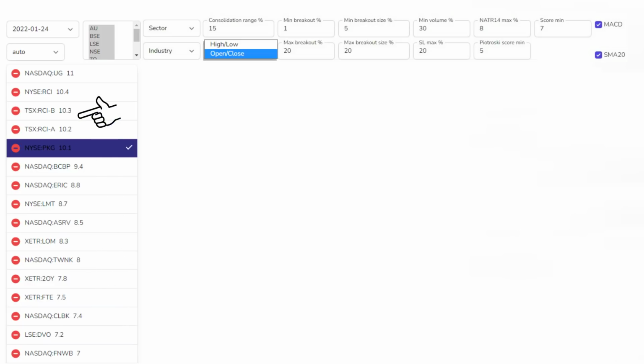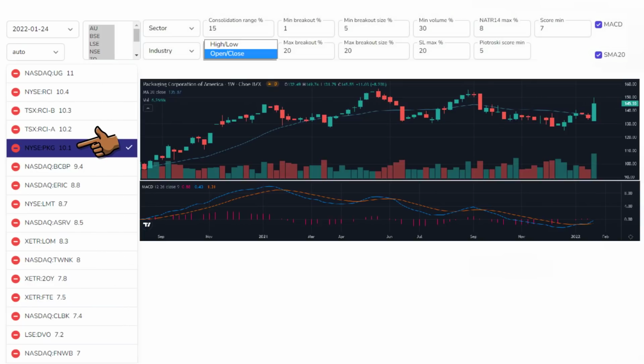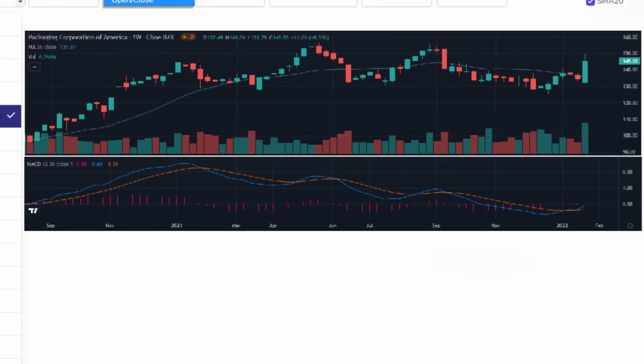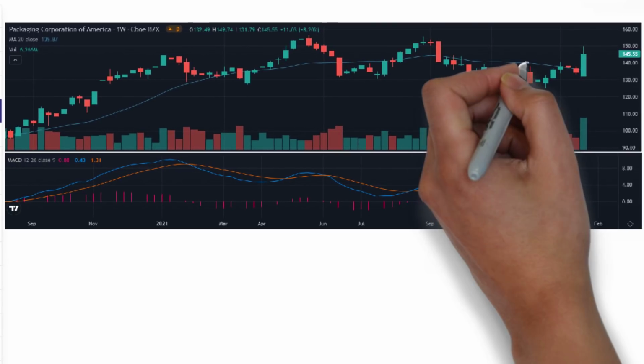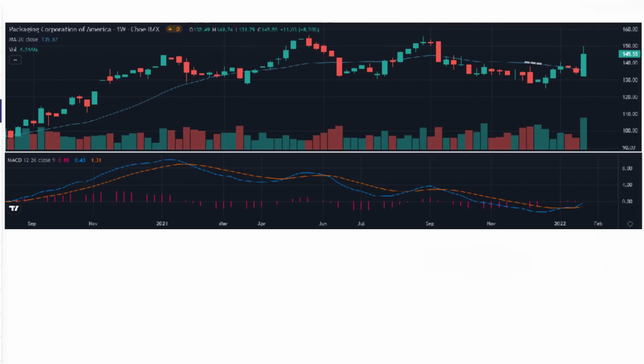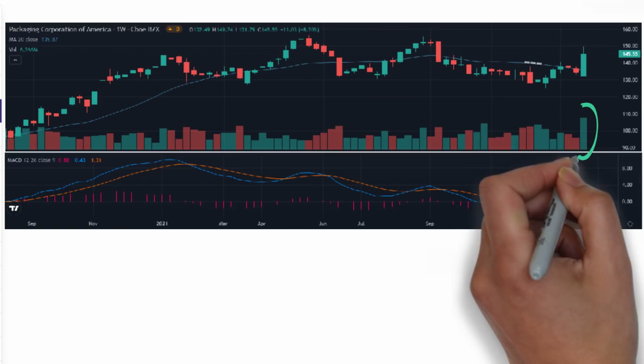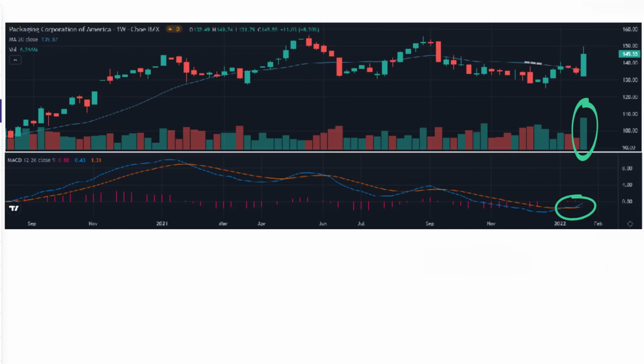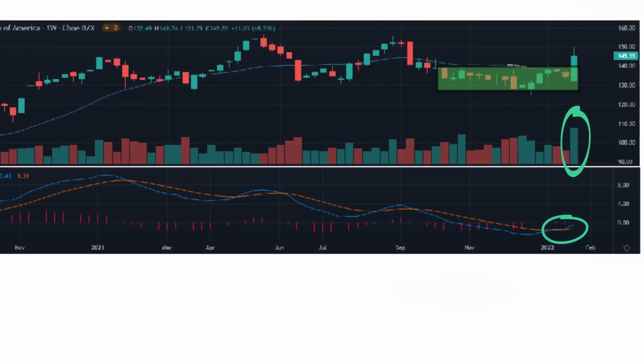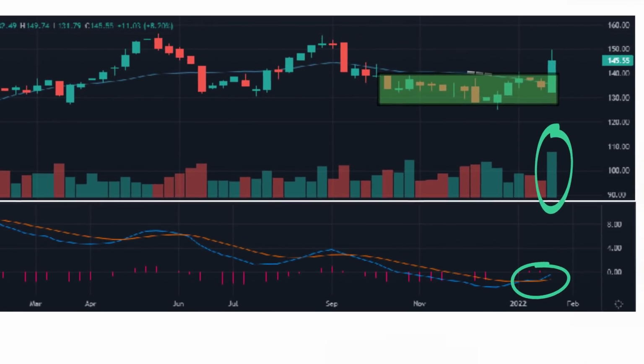By clicking on PKG with a score of 10.1, we can evaluate as to why the stock has ranked relatively high. Price is above the 20-week moving average. The MACD is positive. Volume is considerably higher than previous weeks, and reasonable consolidation can be seen over multiple weeks.